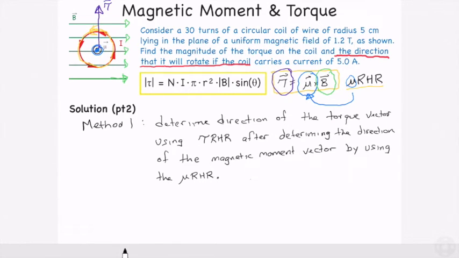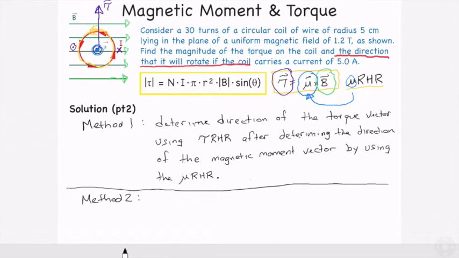In this case, with your thumb pointing up towards the top of the page, your fingers will cause the rotation such that it's into the page on the right side and then swinging around to be out of the page on the left side. So that means it is into the page over here and out of the page over here, and that's how the coil will rotate.